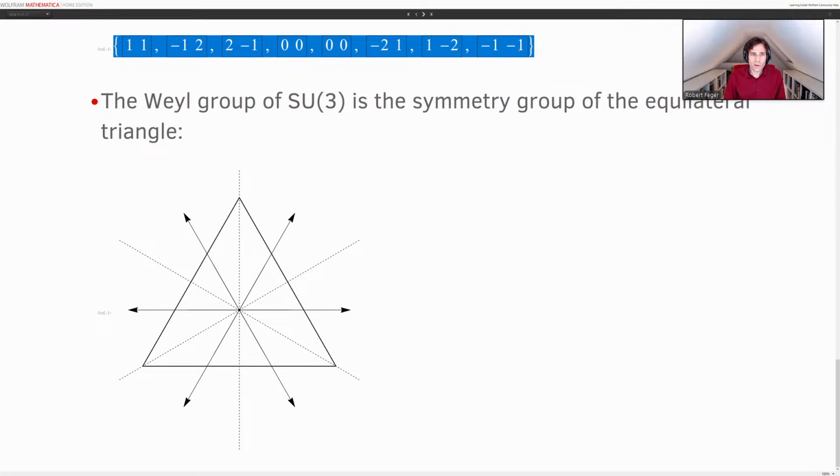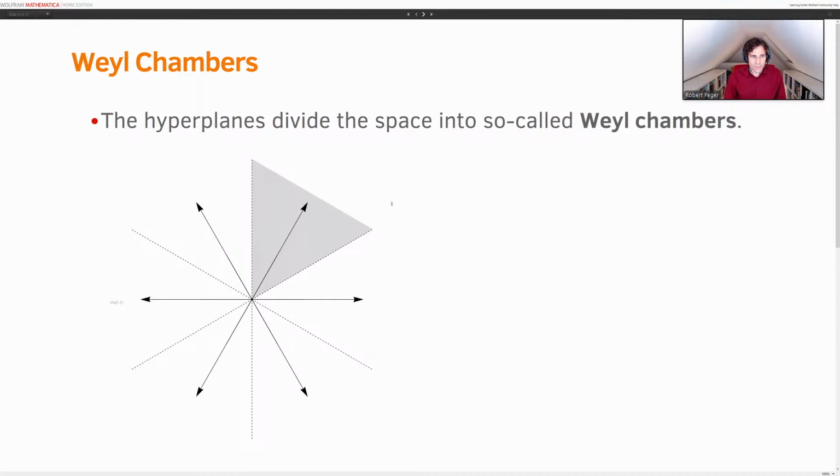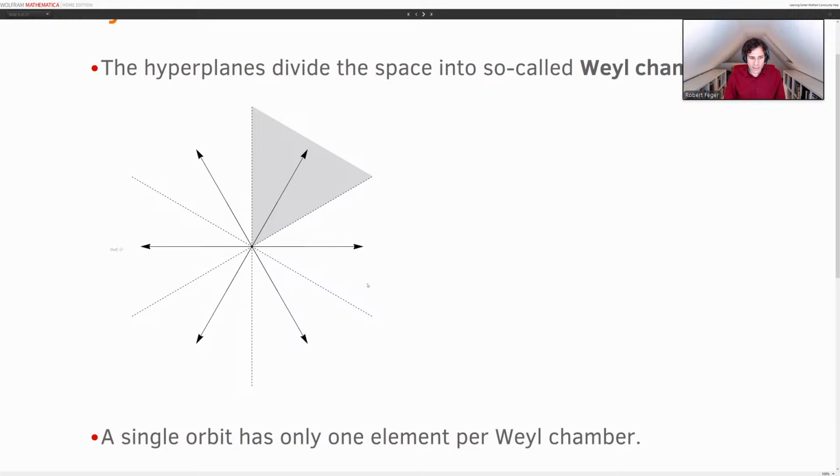Okay, let me move on. Weyl chambers. So these hyperplanes, they divide the space into the Weyl chambers. And I highlighted one of the chambers here. And the interesting thing about this is that in a single orbit, you have only one element per Weyl chamber.